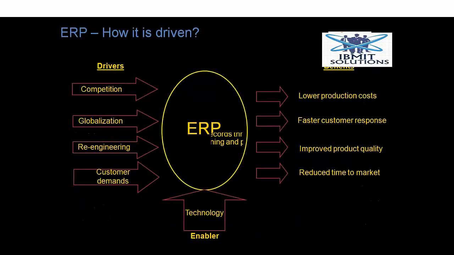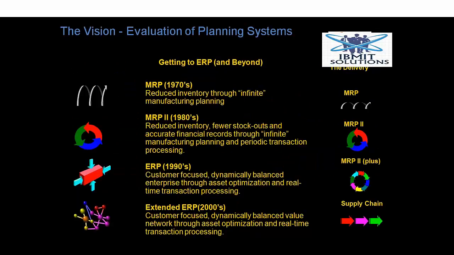And then, coming to the evolution process. Initially we had MRPs, which were intended for the manufacturing sector. Now we are into extended ERPs and then cloud based. The current trend is cloud based. Everything is moving to the cloud. Even PeopleSoft is moving to cloud based.